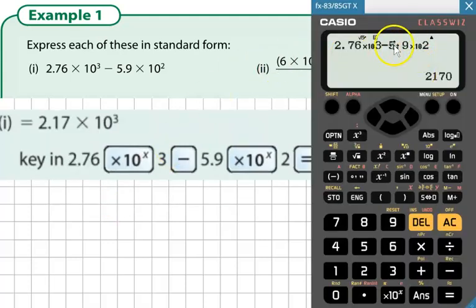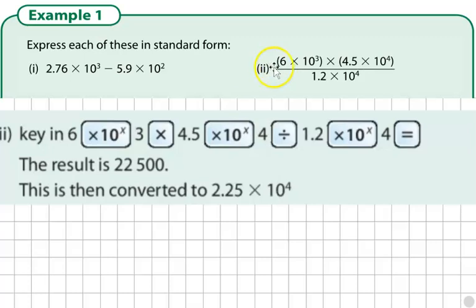So you can see if we put it into the calculator, this is what it looks like. So there's your x 10x button at the bottom. And then for part 2, we key in 6 x 10x 3 multiplied by 4.5 x 10x 4 divided by 1.2 x 10x 4 and equals, and you'll get 22,500.